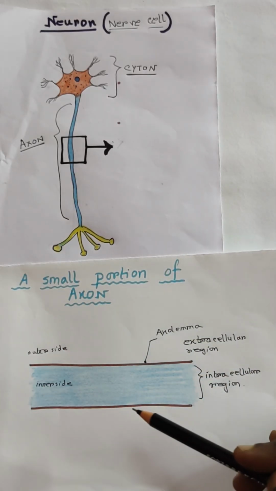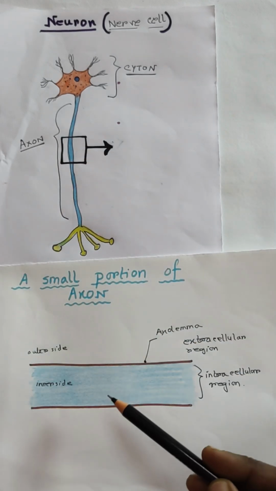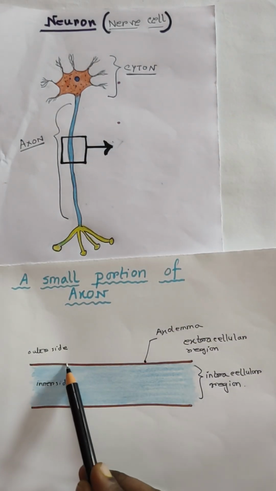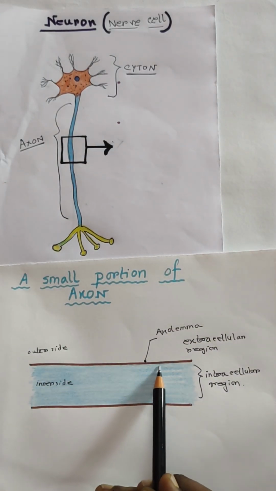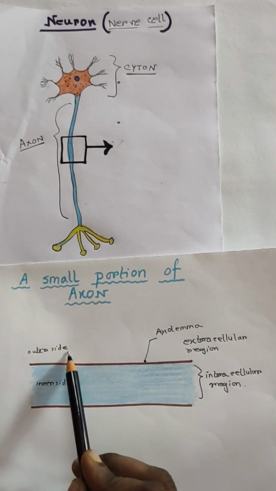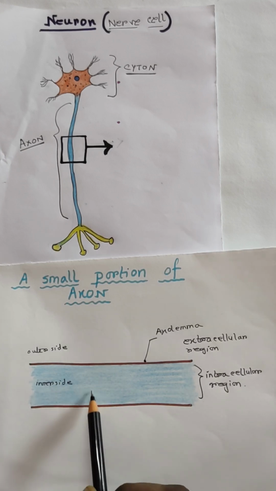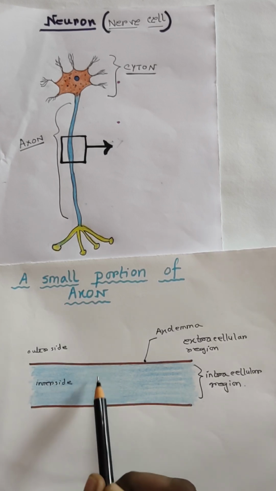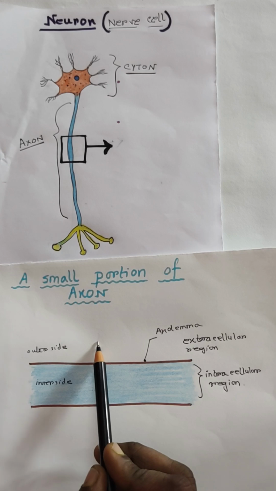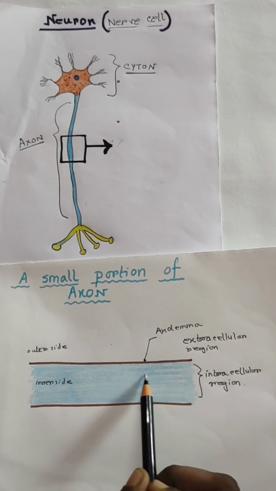Here this is a small portion of the axon. This part is highlighted here. This is the membrane of the axon, that is called the axolemma, and this part is the outer side of the axolemma, and this part is the inner side. The outer side region is called the extracellular region and this part is called the intracellular region.